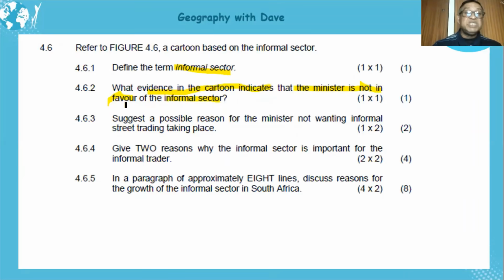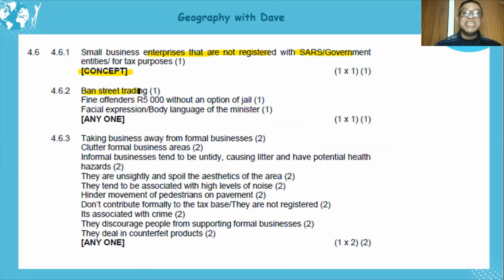And all we do is we take it: ban street trading. Can you see? Fine offenders 5,000 rand without the option of a jail. Okay, and here he looks very angry. So the examiner has even given the facial expression or the body language of the minister.